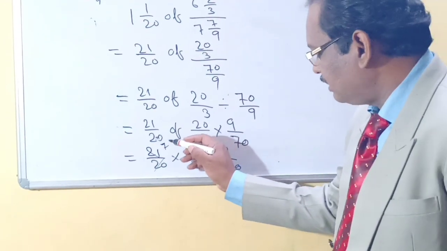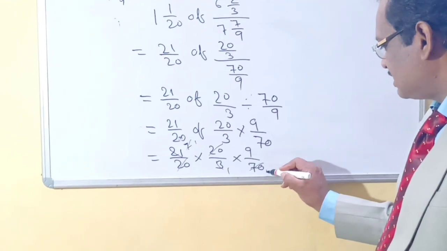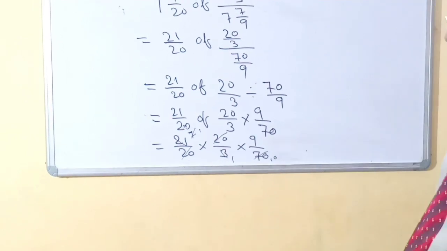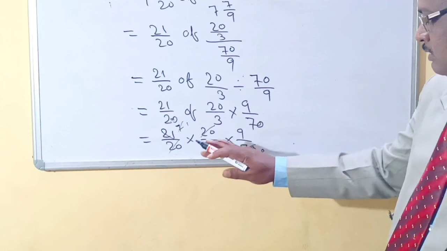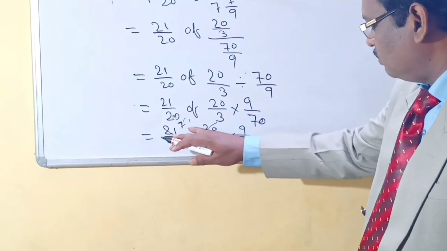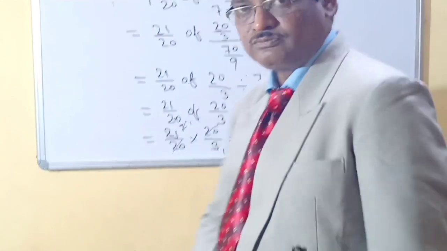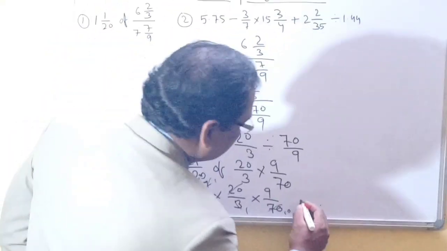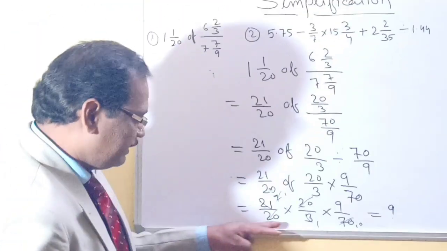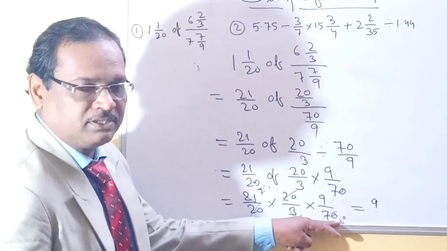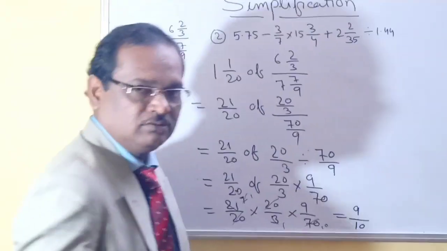So again it will cancel. 7 ones are 7, 7 tens are 70. Right? So what is left? In the numerator only 9 is left, and in the denominator only 10 is left. So the answer is 9 by 10.